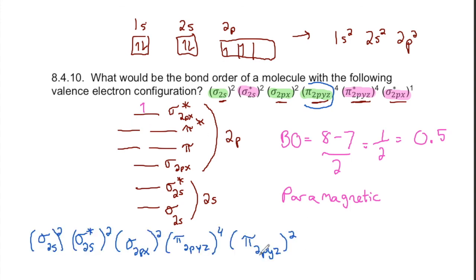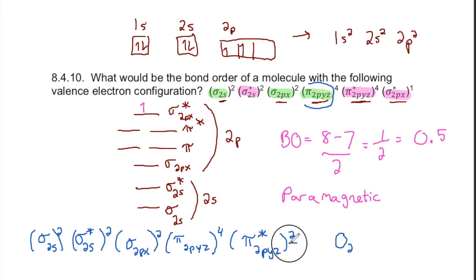So I just want to point out that if we did this electron configuration for the molecular orbitals of the oxygen molecule with its 12 valence electrons, we would see 2 in the sigma bonding, then 2 in the sigma anti-bonding, 2 in this sigma bonding, 4 in this pi bonding, and 2 in this pi anti-bonding.